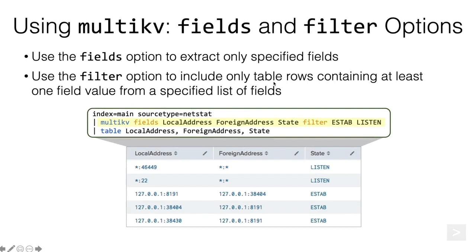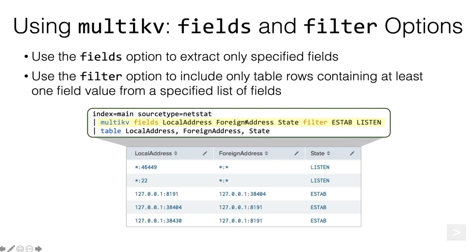Now, the multi-kv command has a fields and filter option built into it. The fields option allows the user to restrict the multi-kv command to only extract the named fields, and filter on the specified values. The arguments supplied to the filter option are treated like they are connected using an OR Boolean operator.